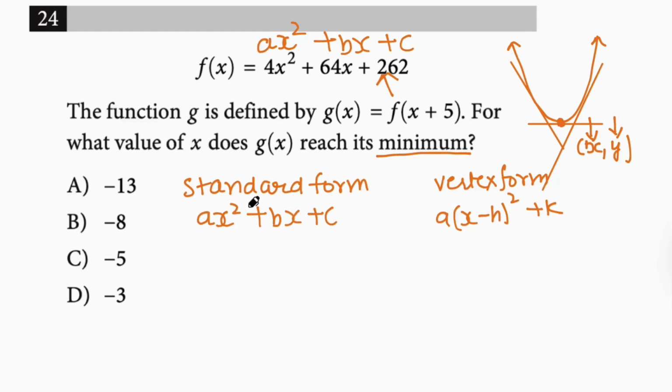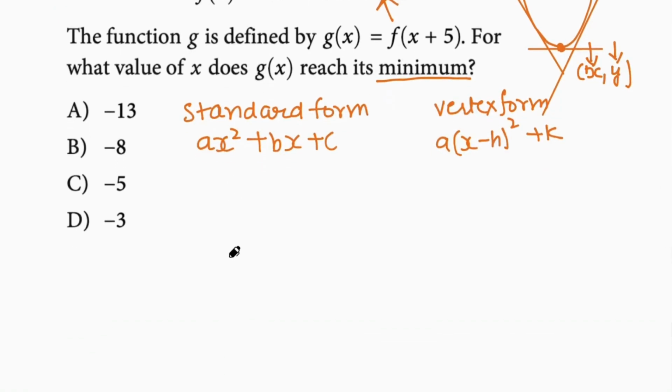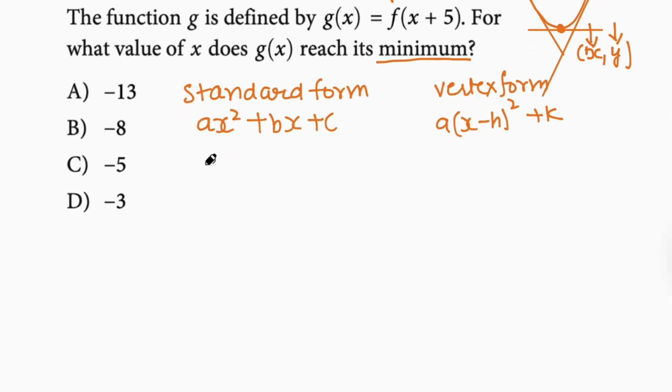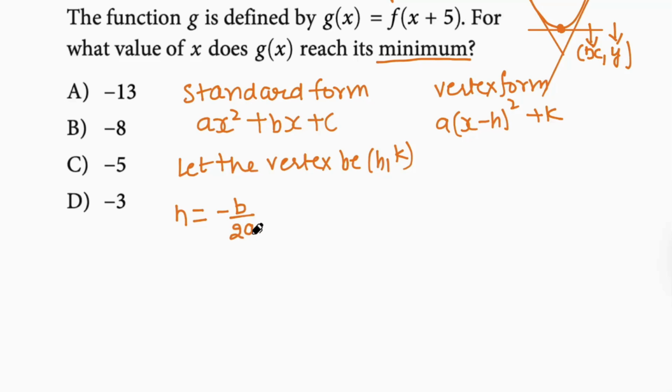In this standard form, we have a direct formula to find the vertex. Let the vertex be (h, k), because (x, y) is literally every single point on the parabola. So h is minus b by 2a, right?